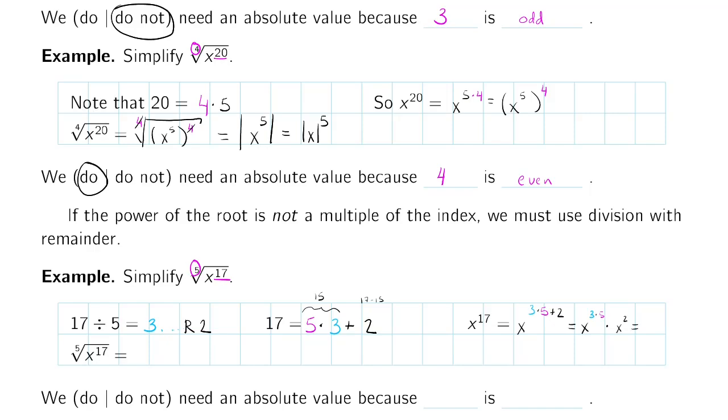So this is x to the third power to the fifth power times x to the second power. Why did we do that? Well, we want to rewrite the fifth root of x to the 17th. So we have the fifth root of x to the third power to the fifth power times x to the second power.